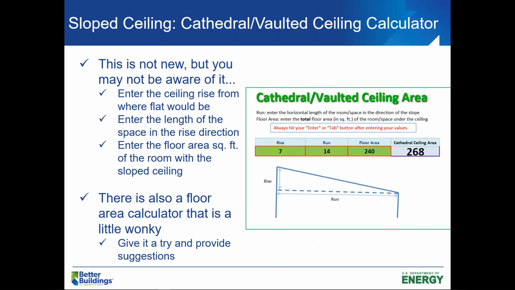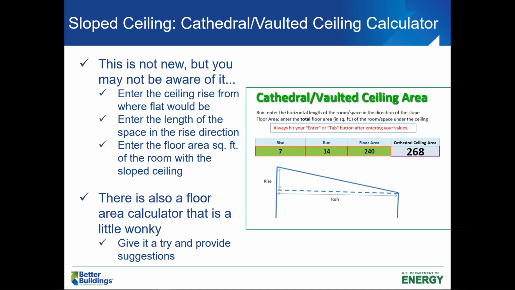Okay. This is not a new calculator, but you may not all be familiar with it. This hopefully makes it a little bit easier to calculate the areas for a vaulted or a cathedral ceiling.